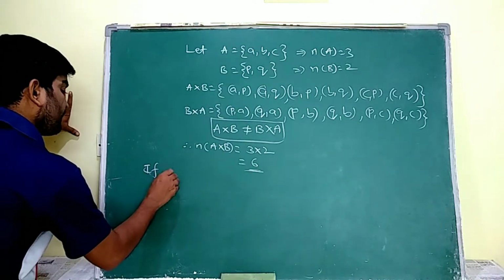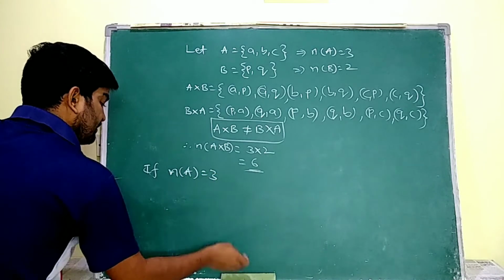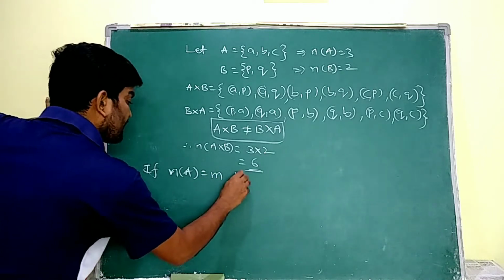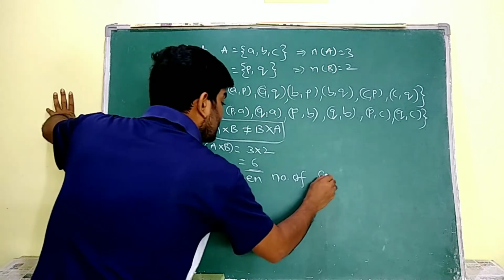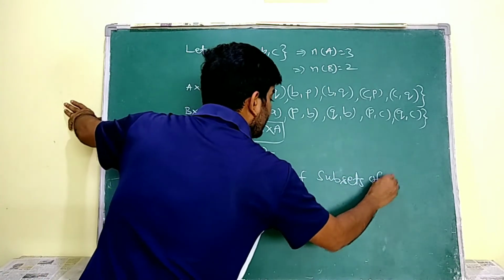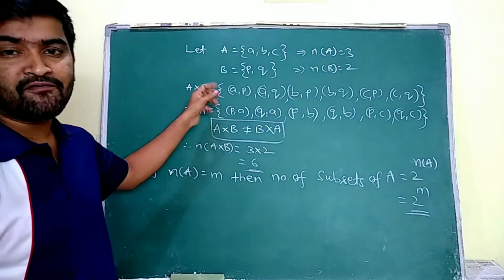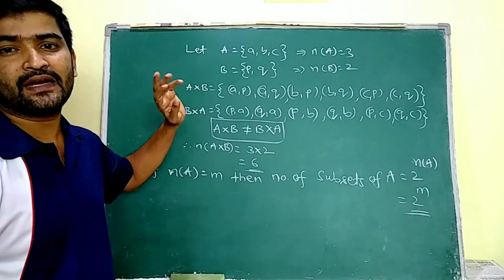If number of A is equal to 3, better write some value. Okay, if number of A is equal to m, then number of subsets of A is equal to 2 power m. See, every subset of this A cross B is a relation.